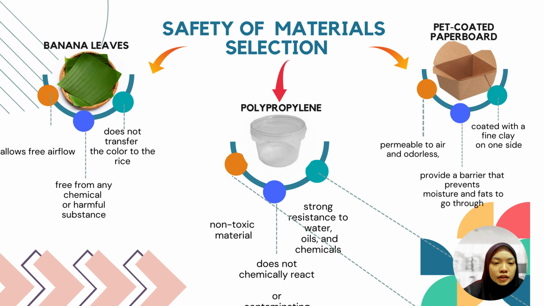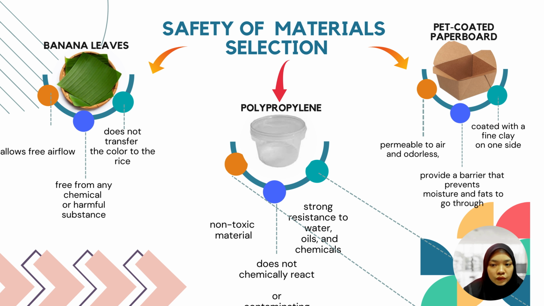So next, for the safety of the material selection, why is banana leaf safe for the food? It is because this banana leaf is free from any chemical or harmful substance that can be transferred into the food that they pack. Banana leaf also does not transfer its color into the rice. Thus, this will maintain the food's original appearance.